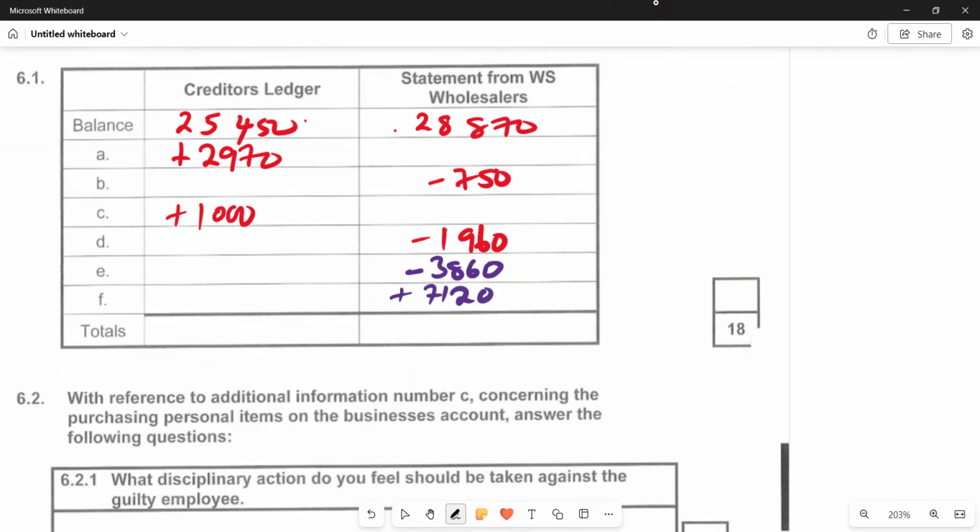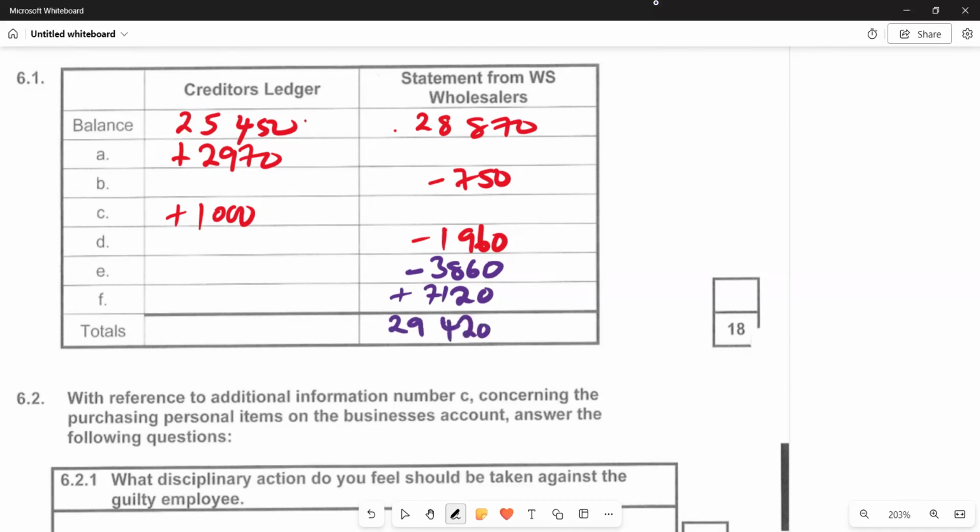Then we can now make our adjustments there by adjusting what we have on the credit side. We are supposed to say 20,870 minus 750 minus 1,960 minus 3,860 plus 7,120. And we get the final balance, which is supposed to be 29,420.